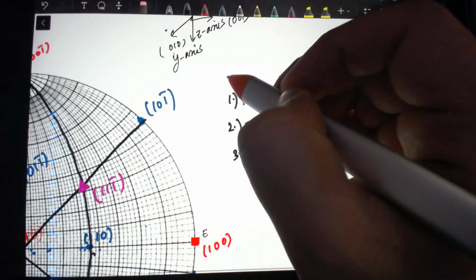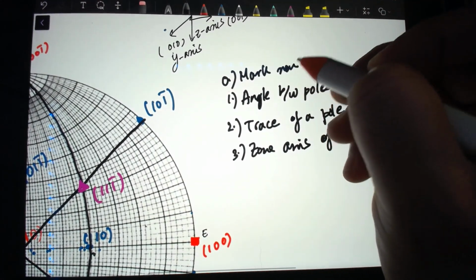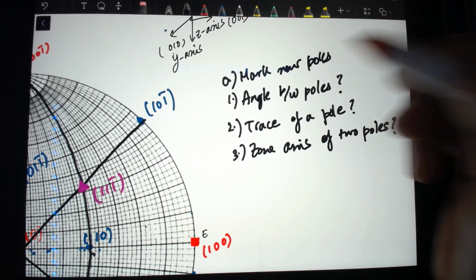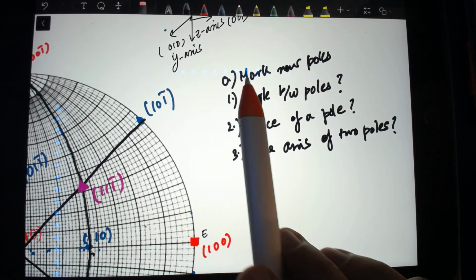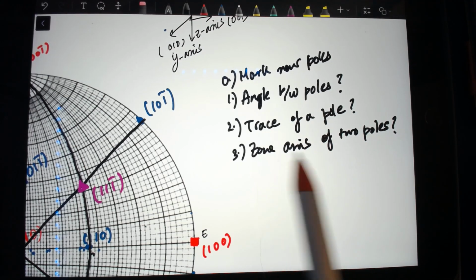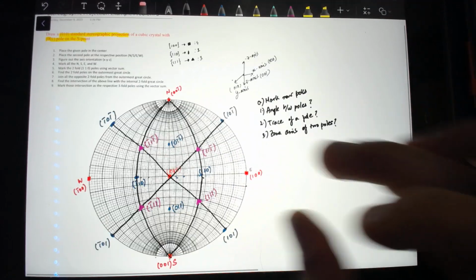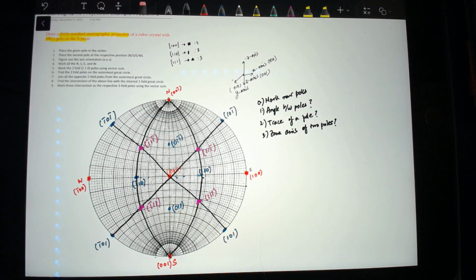This is something we already did, but just to practice we'll take some more examples. So we'll see how we can mark new poles, find angle between poles, draw the trace of a pole, and then find zone axis of two poles. Alright, so that will be the next video. Thank you.